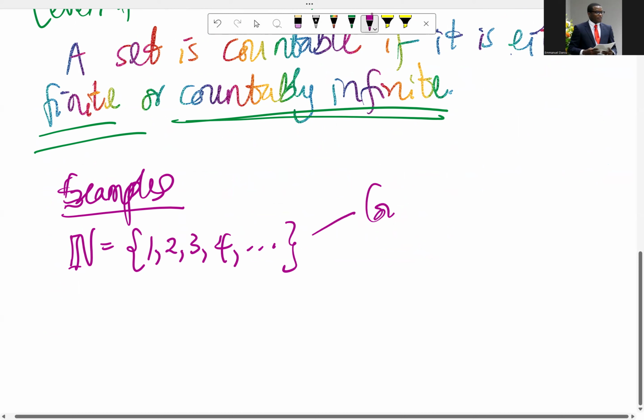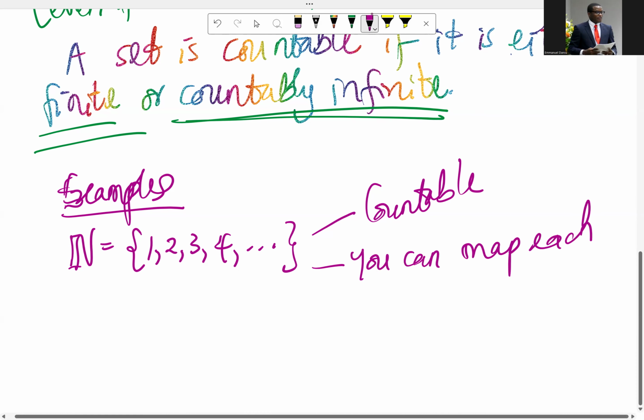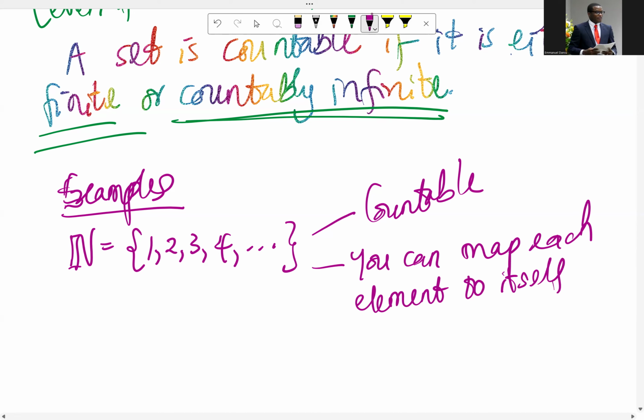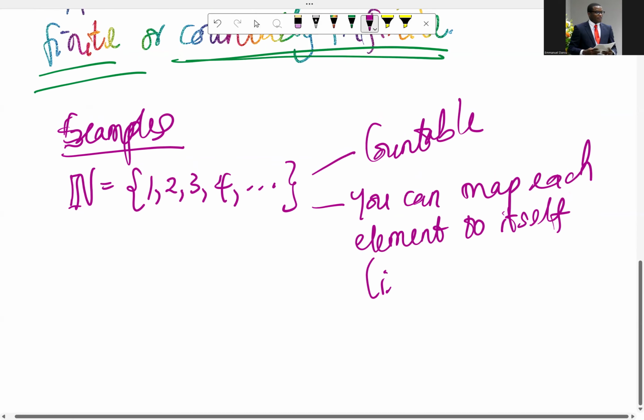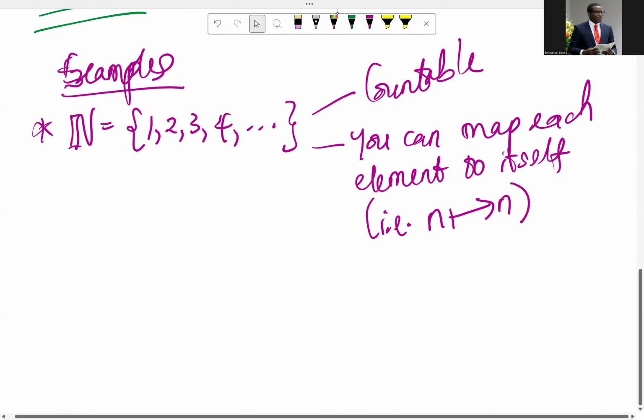The reason is that you can map each element to itself, n is mapped to n, meaning 1 to 1, 2 to 2, and so on. Every other set that can be matched with the list of natural numbers is said to be countable.